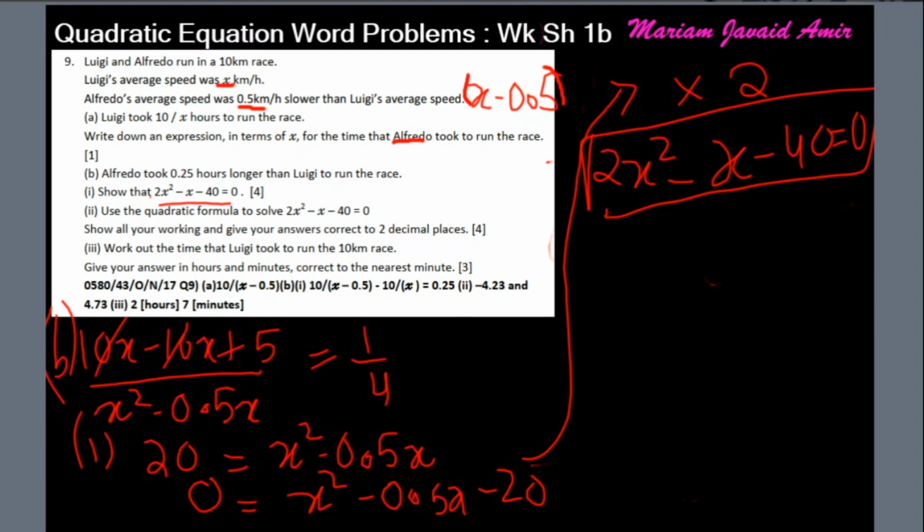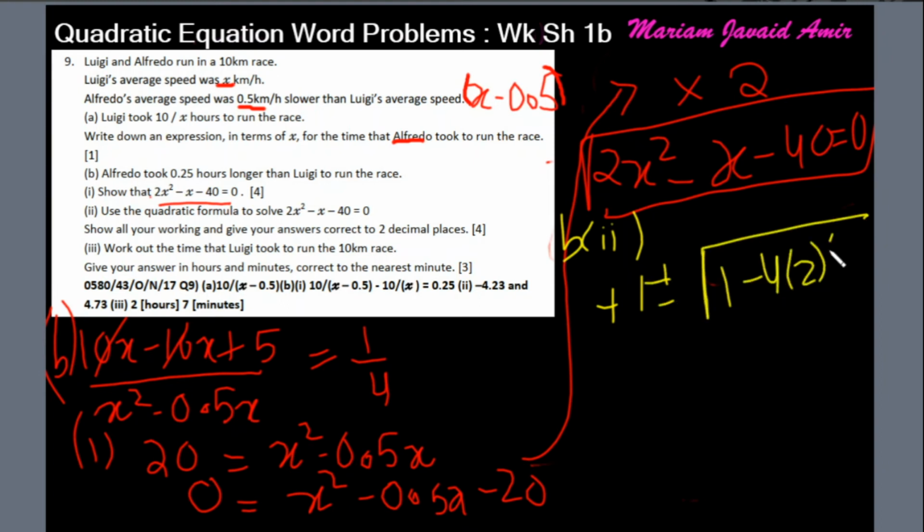Part 2, use quadratic formula to solve this equation. So the quadratic formula is minus b, which becomes plus 1 since b is minus 1, plus minus root of b square minus 4ac, over 2a.